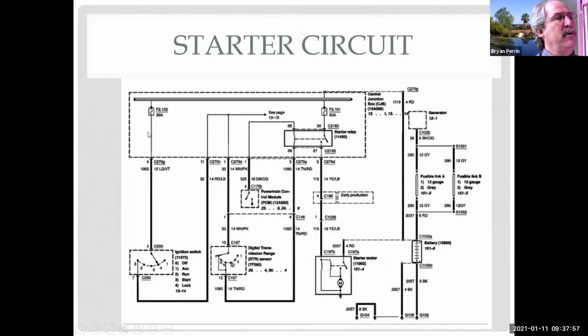So I get power to my ignition switch, and doesn't the switch kind of look a lot like the HVAC switch we use for the blower motor? It's a sweeping arm. Same kind of language, isn't it? So depending on where the arm is, that tells me where the power is going to. So if I go over to number 3, that means I want to start.